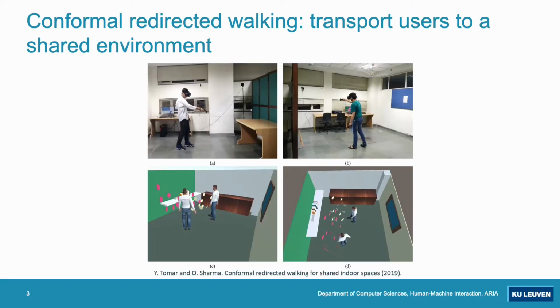And somewhat similar things have been done in the past. As you can see here on conformal redirected walking, where two people in different rooms can work together in a shared virtual environment. They can see each other's avatars and walk around, but there's very limited interaction with the space itself.